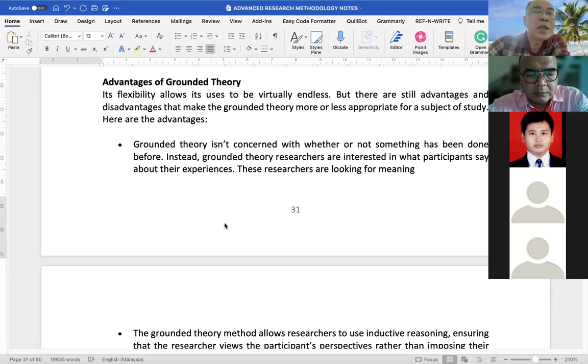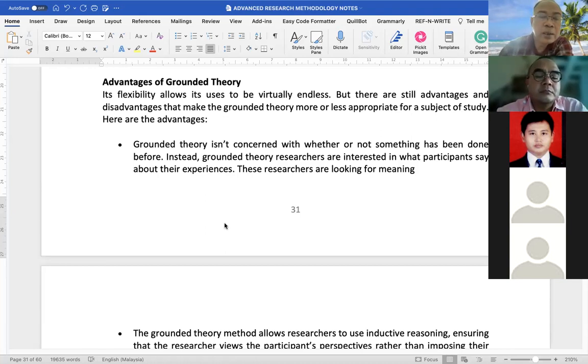So researcher akan pergi menemu bual, melihat situasi mangsa-mangsa tsunami di Aceh, interview mereka, tinggal dengan mereka dan melihat apakah kesan-kesan psikologi hasil daripada pengalaman, hasil daripada bad experience, hasil daripada pengalaman terkena sesuatu musibah.